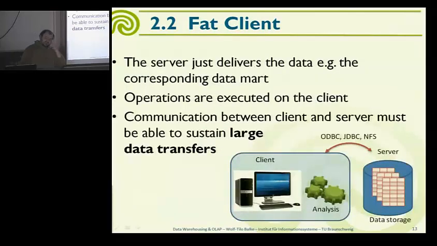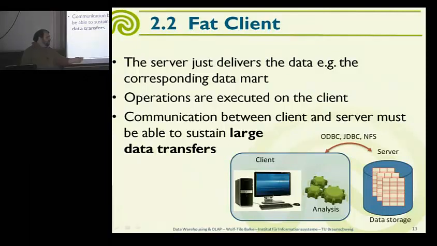Fat clients: the server just delivers data from the data mart, and the operations are all done on the clients. You have a distributed computing environment. You can utilize the computing power of the clients very well, right? On the other hand, you have large data transfer, so you should have a very fast intranet between them. If your intranet is really quick, then there's no problem with shuffling around big amounts of data just for analysis purposes, right?